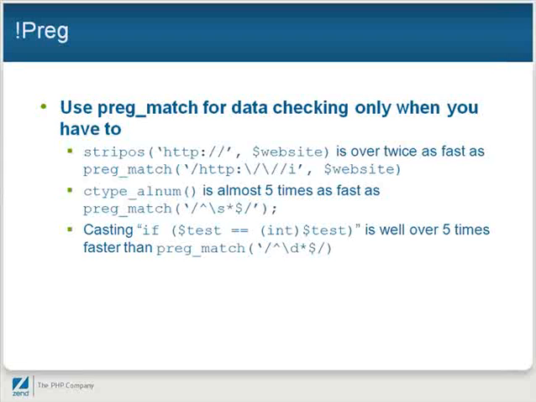Some examples that we have here: checking whether or not a data website contains a URL. This stripos compared with this preg_match, the stripos is twice as fast. In this one, if we're checking to see whether or not a string has alphanumeric characters, ctype_alnum is almost 5 times as fast as preg_match.